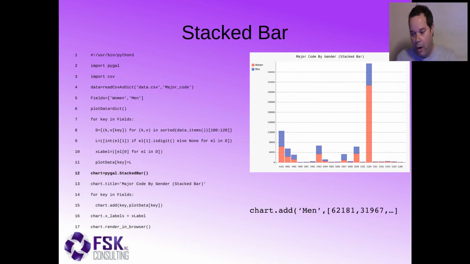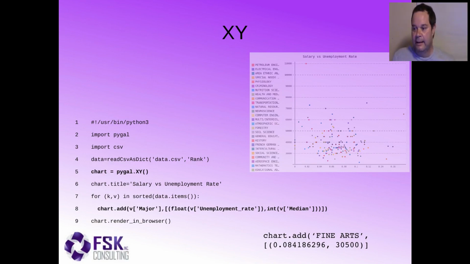So all of the charts that we've seen so far basically have the exact same syntax. The only difference is in line 12 of the chart that we create, and adding the method, the series, is all identical. And that's how it is for most, or a good chunk of the charts, until you get to things like the scatter point or the XY.